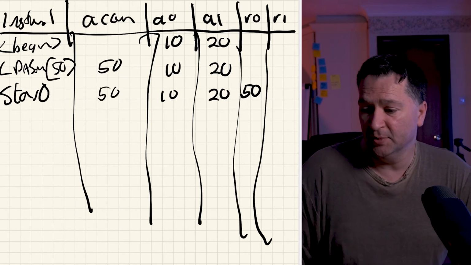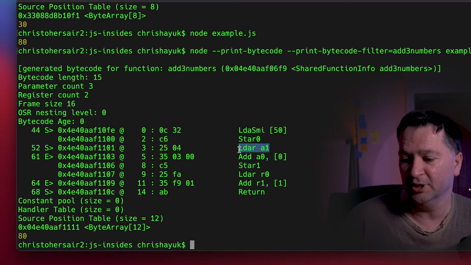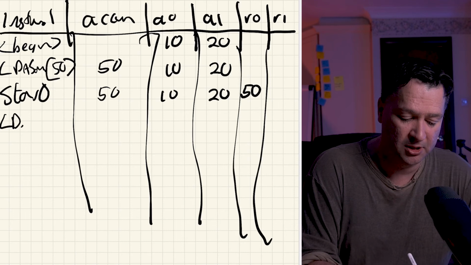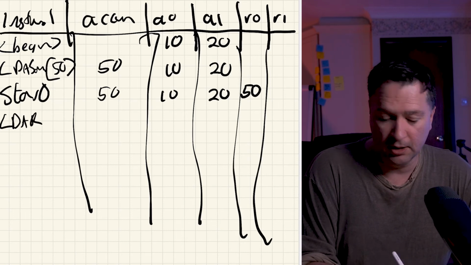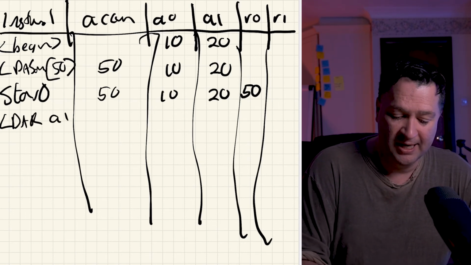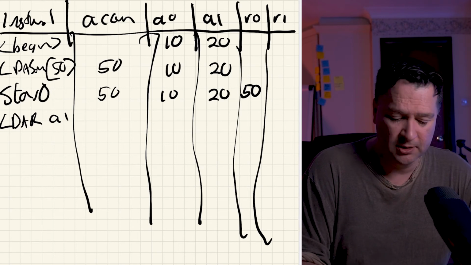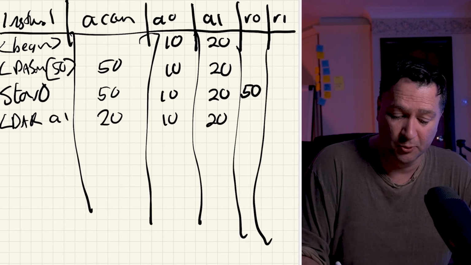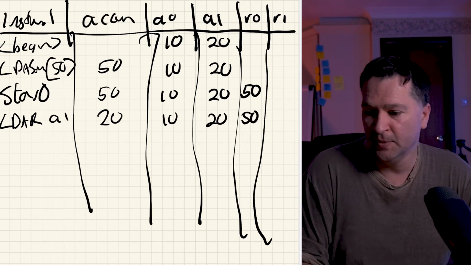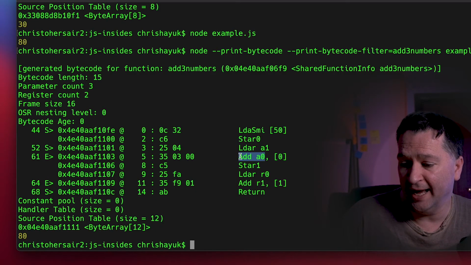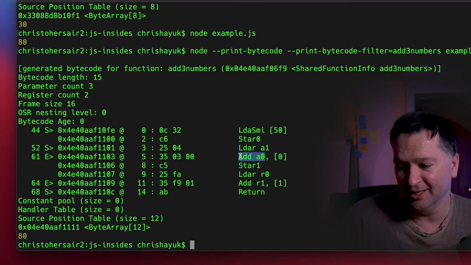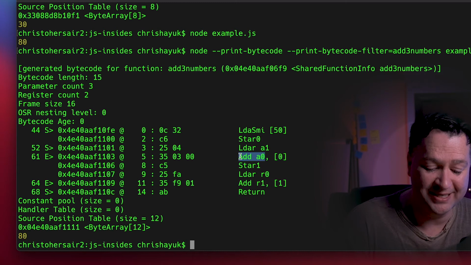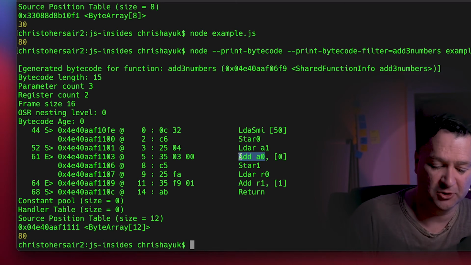And then the next statement is load into the accumulator whatever is in register A1. So let's put that in, Ldar A1. In A1 is 20, so let's put that into the accumulator. A0 is still 10, A1 is still 20, R0 is still 50. And then we're going to add from address A0 to whatever's in the accumulator.